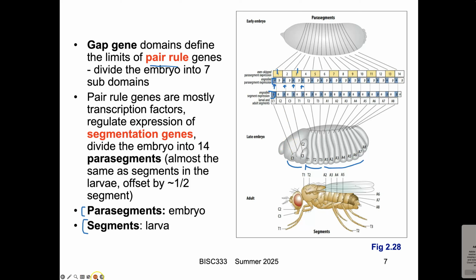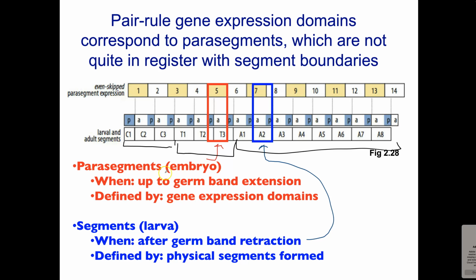It can be tricky to get your mind around, but once you realize they're just slightly shifted relative to each other, it becomes a little easier to understand. Okay, and then this just shows again, just to be really clear, parasegment expression. The red box is the parasegments in the embryo, and then in the larva, the segments are, as I said, offset a little bit, so they don't line up exactly right.